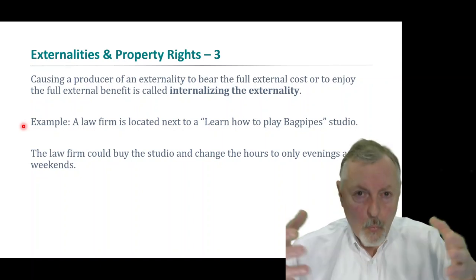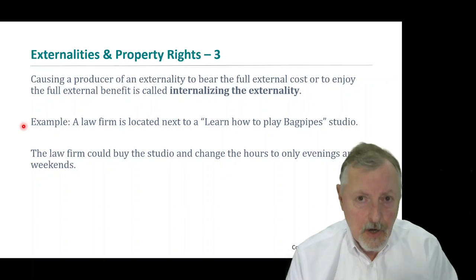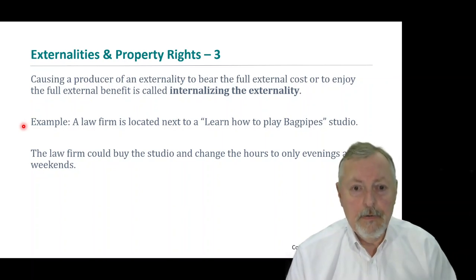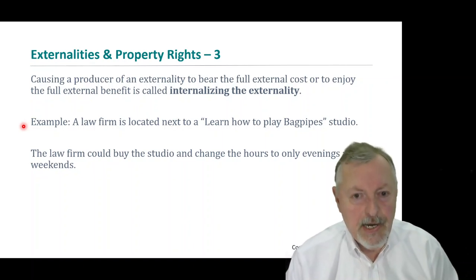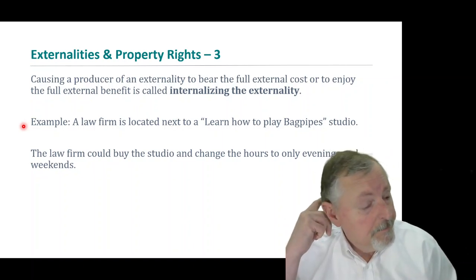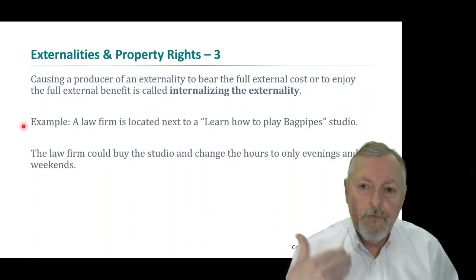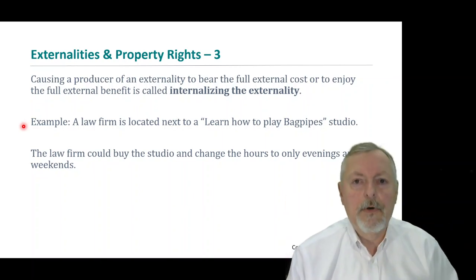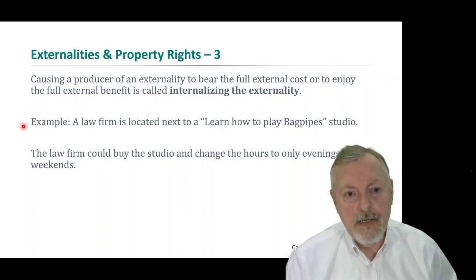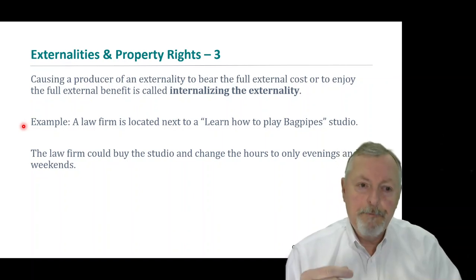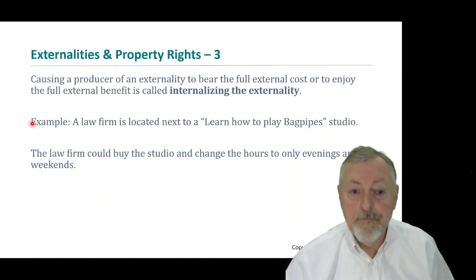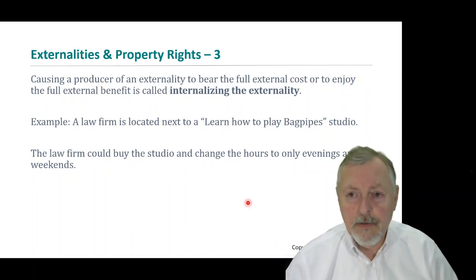Now one entity, the law firm, gets all the benefit of teaching people how to play the bagpipes, the money they pay, and also all of the costs of having to listen to it. The law firm would have internalized the externality and would choose the profit maximizing level of bagpipe lessons, maybe by changing the hours, only to hours where the law firm was not active.